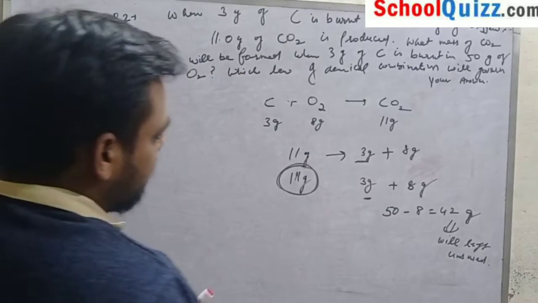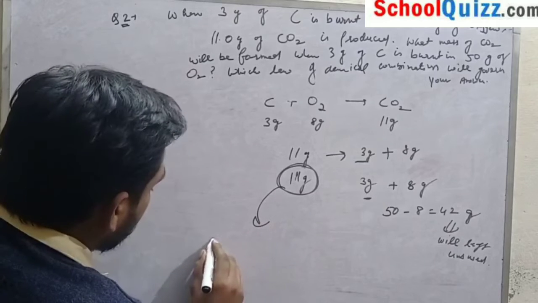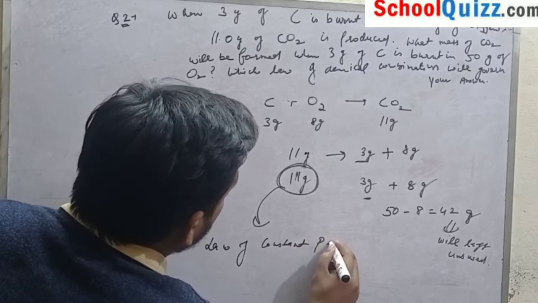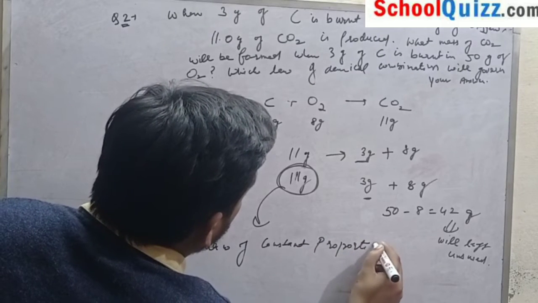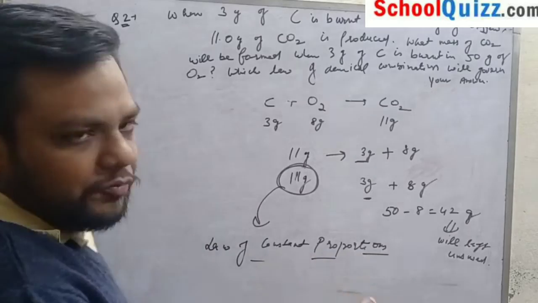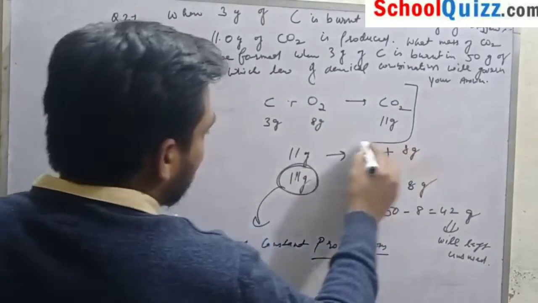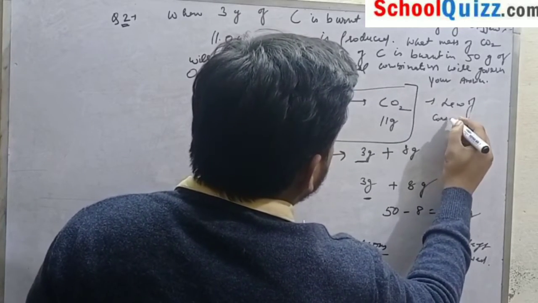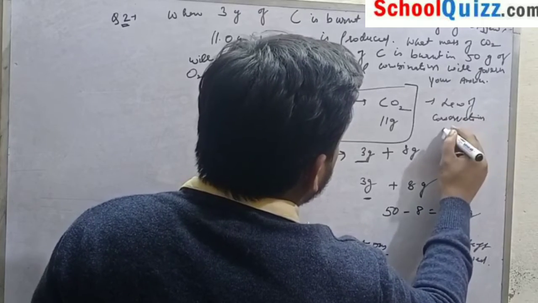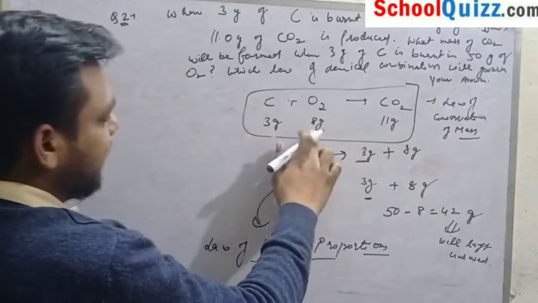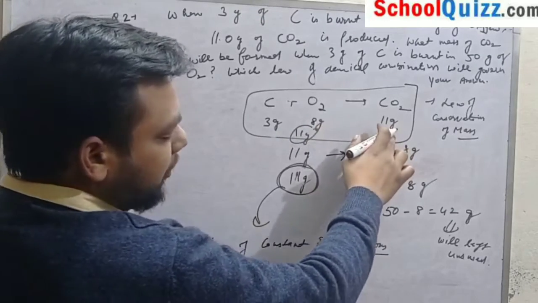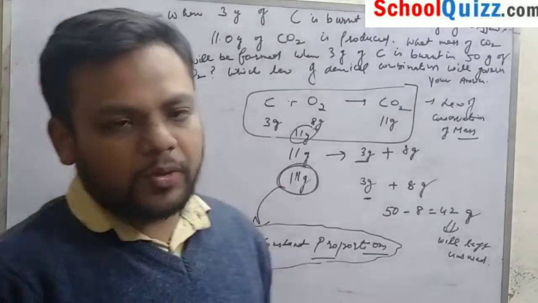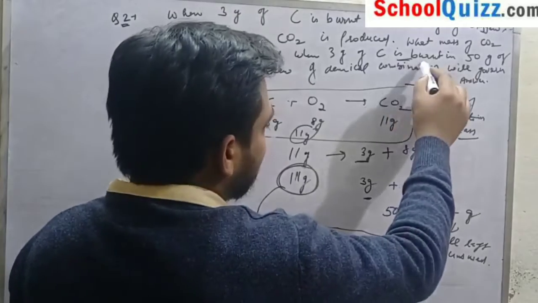If we say which law is used here, it is the law of constant proportions, because the weight ratio is constant. There is also the law of conservation of mass, because the mass of reactants, that is 11 gram, is equal to the mass of products, but we will focus mainly on the law of constant proportions, because we have to answer that question.